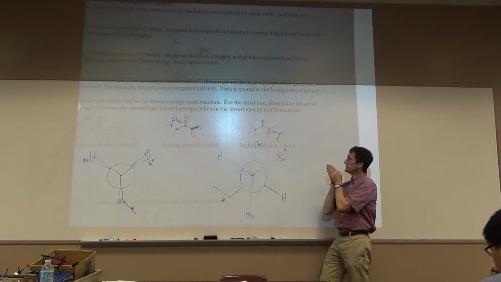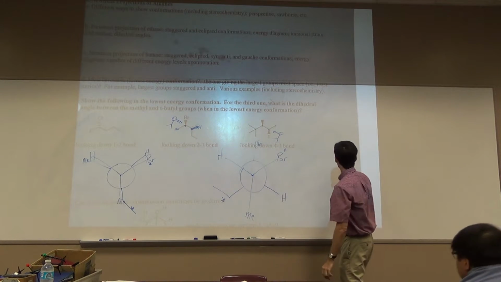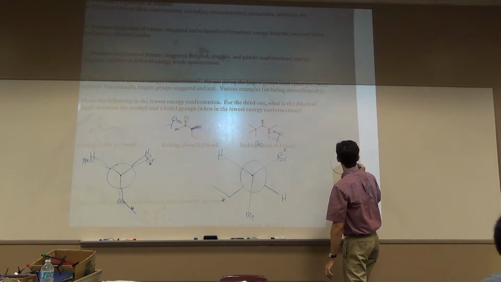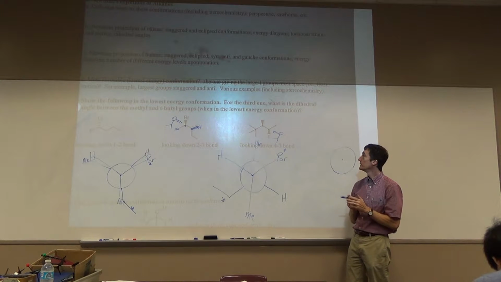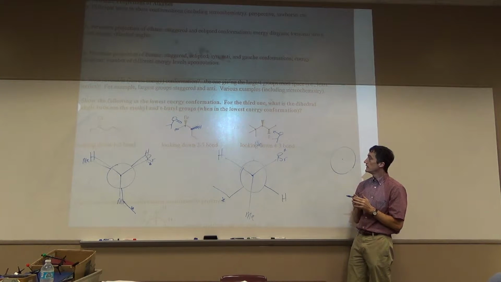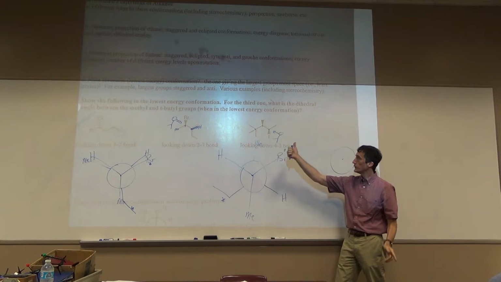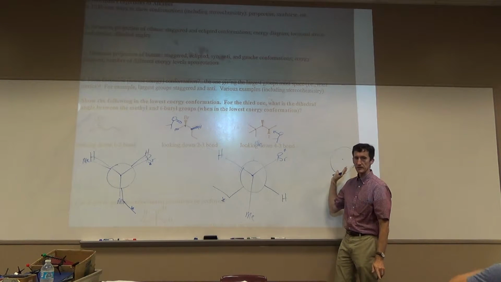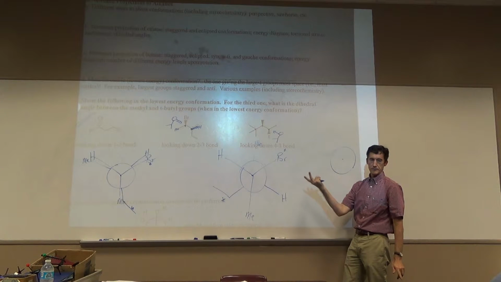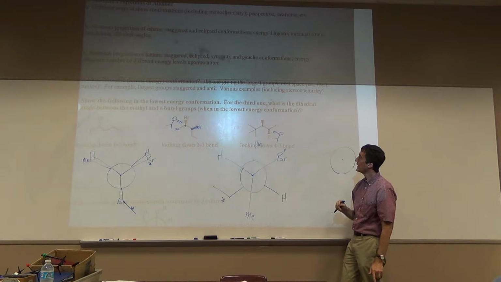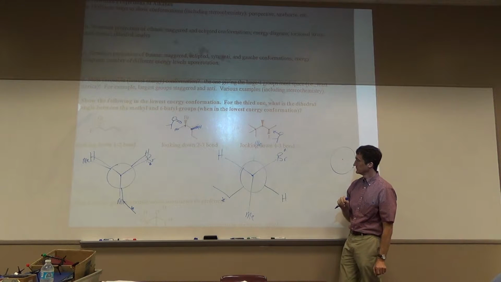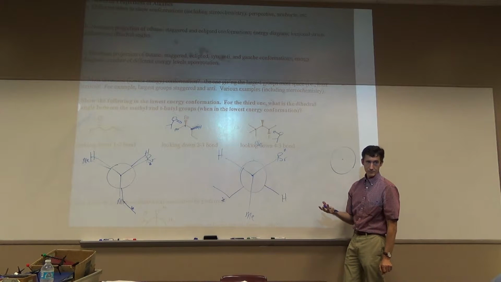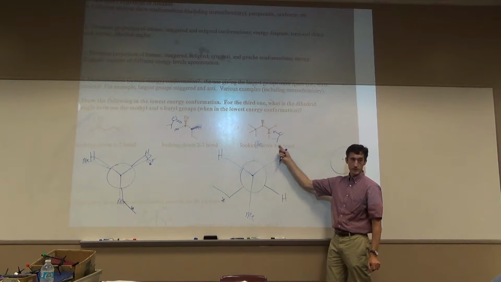I'm looking this way, on the front carbon. Well, if you look down the 3-4, you could still get the same answer. You'll just have carbon 3 in the back versus my front. It won't be fully correct because you didn't draw it this way.